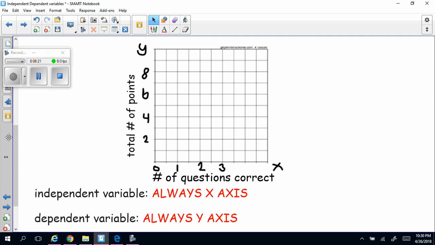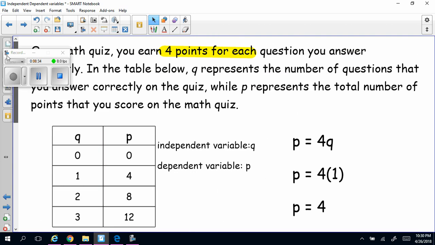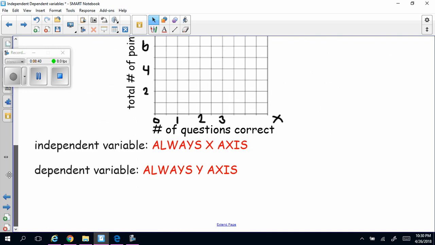Now, where you have the number of questions correct right here on the x-axis and the total number of points on the y-axis. Now remember what the number of questions correct would be. That would be your independent variable, and your independent variable is Q. Now, the independent variable is always on the x-axis.